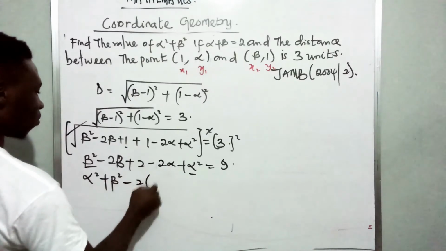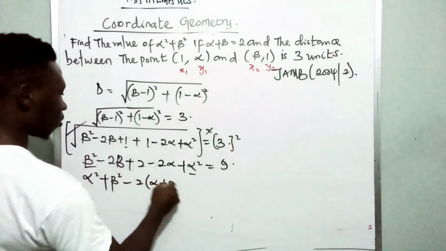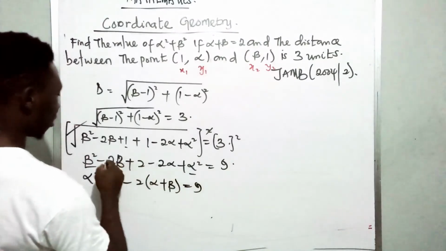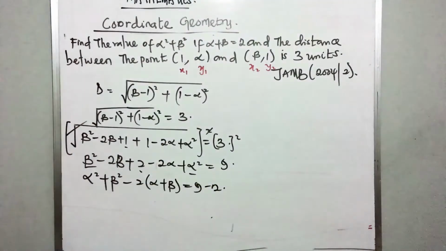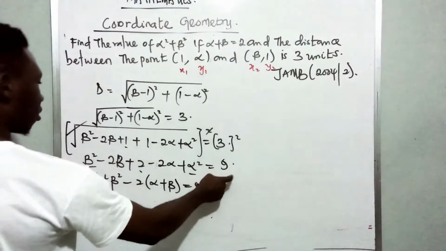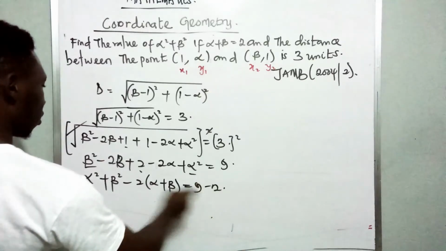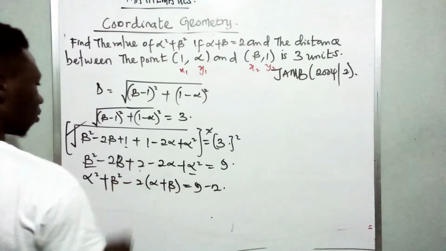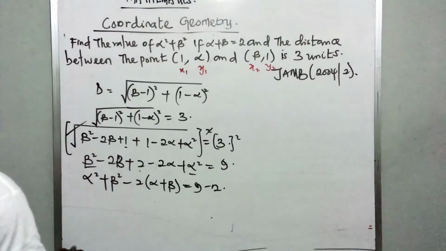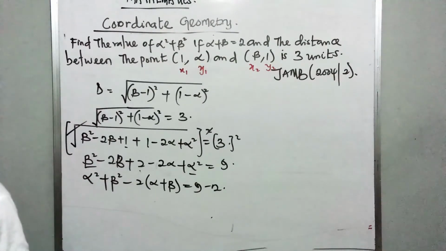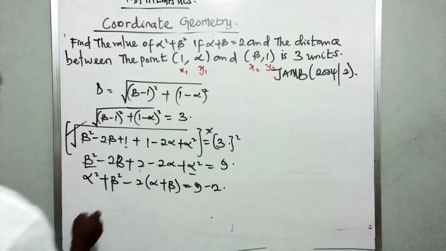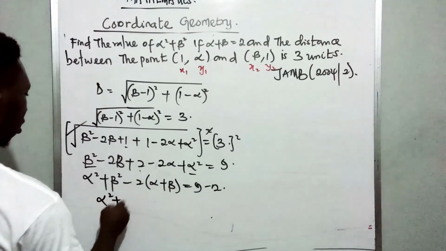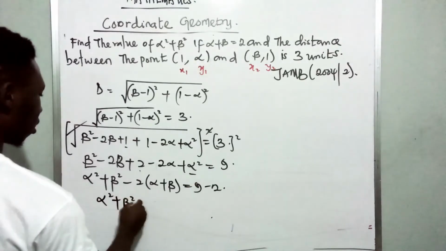So going forward, I have here that alpha square plus beta square minus 2 open bracket what? Alpha plus beta is equal to what? 9. Then this 2 comes over. 9 minus 2. So we have this brought down. We have our 2 positive. So now going further here, this becomes what? The alpha square plus beta square minus 2.